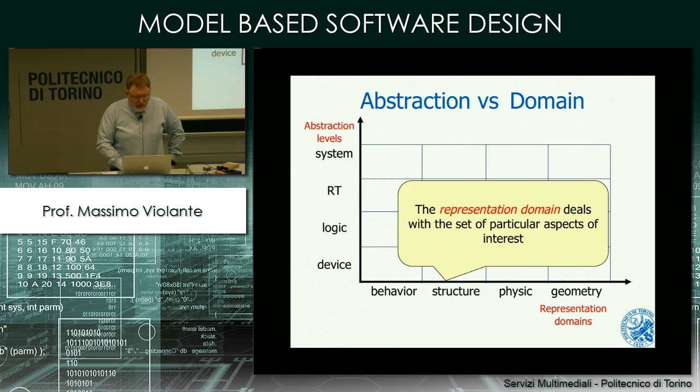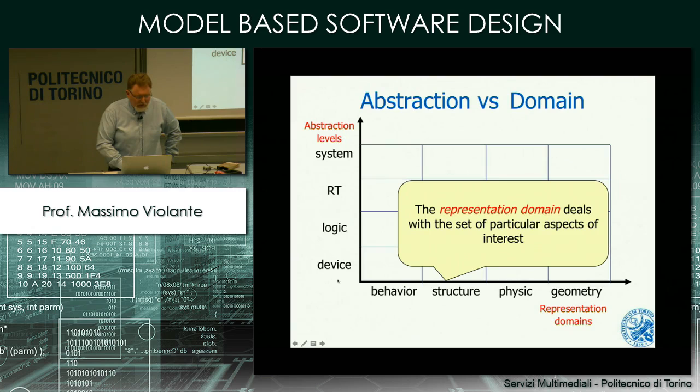Then the representation domain deals with the aspects that are of interest. Do you want to convey just the behavior of your model, or do you want to represent the physical geometries of each piece of silicon that is in your system?